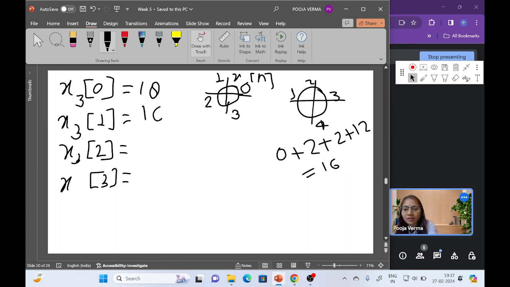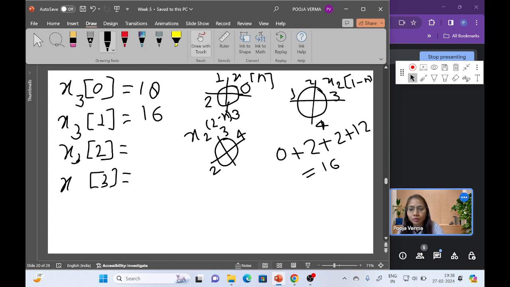Here 18, here 16. Similarly, x2 of 1 minus n. So now we have to move x2 by two points. So x2 of 2 minus n. What will we get? If we move one rotation more, we get 4, 3, 2, 1.